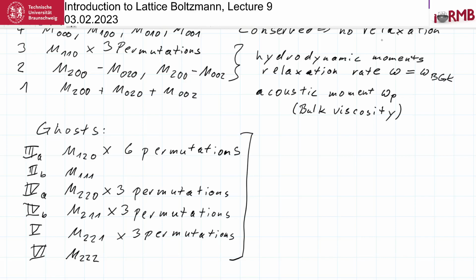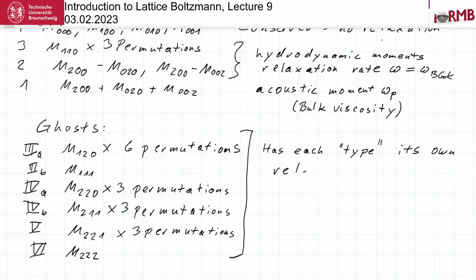So now the question: we can separate these guys like this, but does each of these types have its own relaxation rate, or is there more to it? Since you are reading it, you should know. Do we have one for each, or is there more to it?